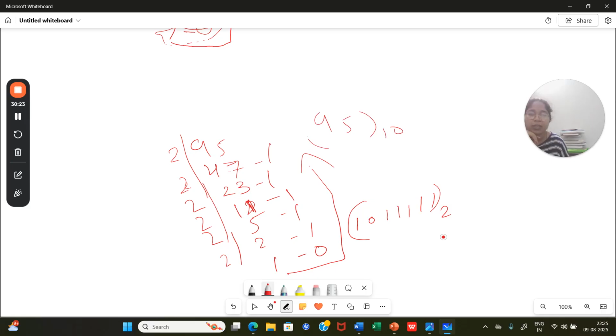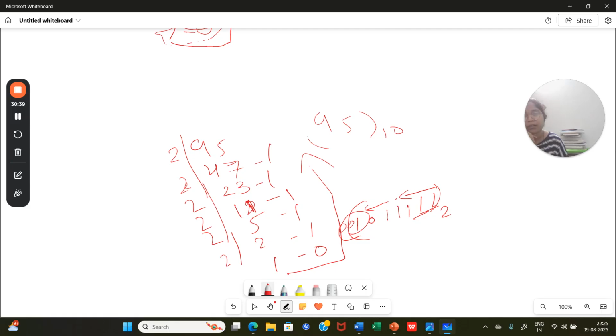Same thing, you need to make groups of 3 from the RHS side to the LHS side. This is one group. Again, this is one group. One is left here, take two zeros. This is again one more group.